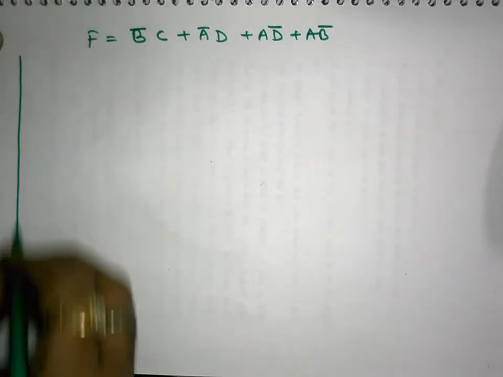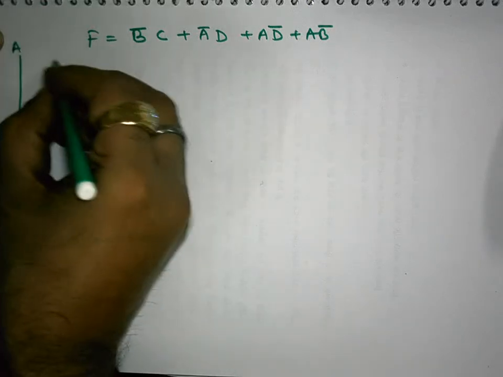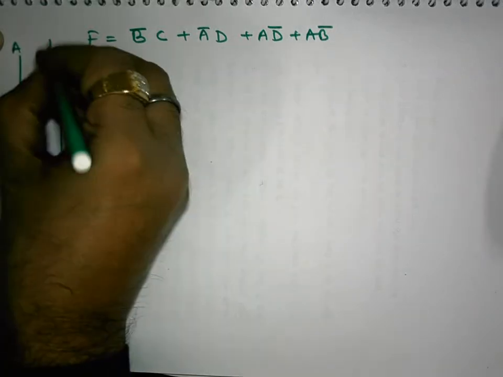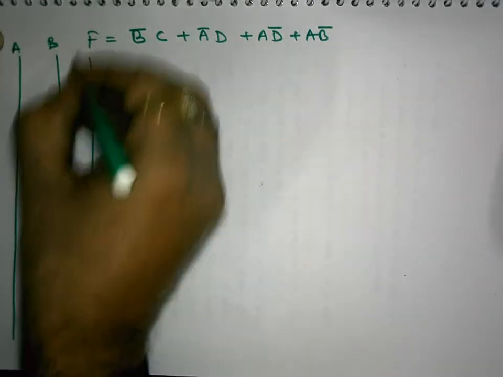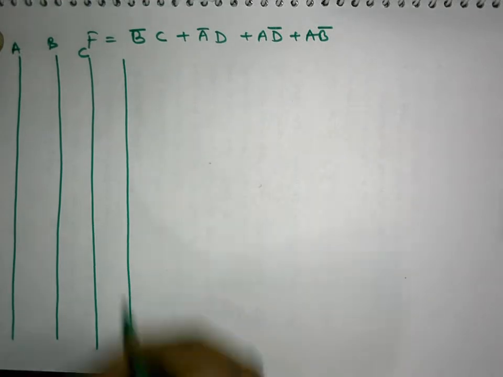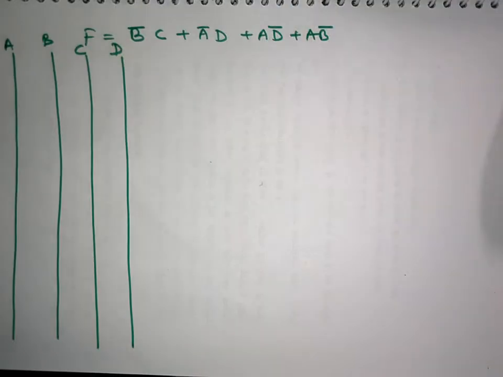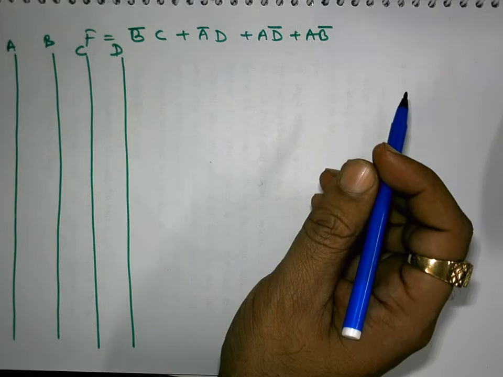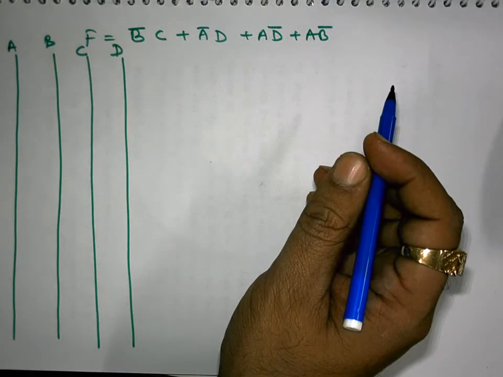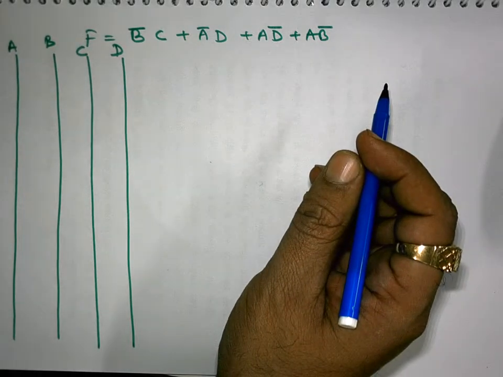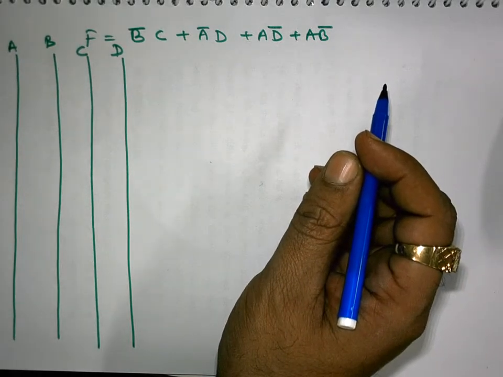Okay. So signal line A, B, C and D. And like biology people, you also keep different colored pens except red color, because red color is not permitted in your examination.